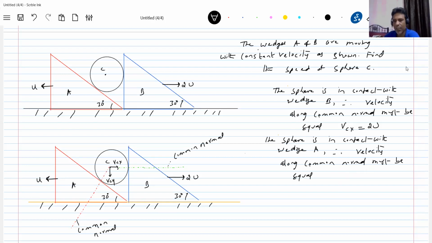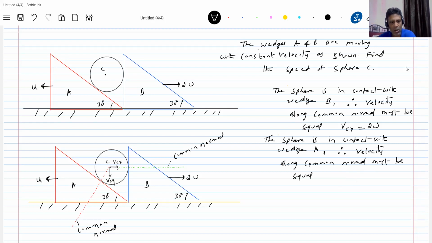So tell me what I should write as the equation for this. How to write the equation for this?